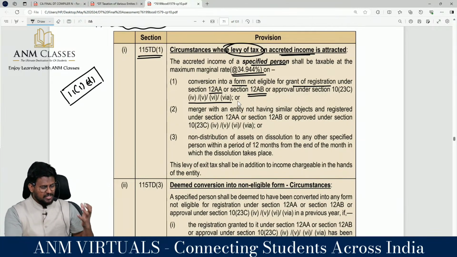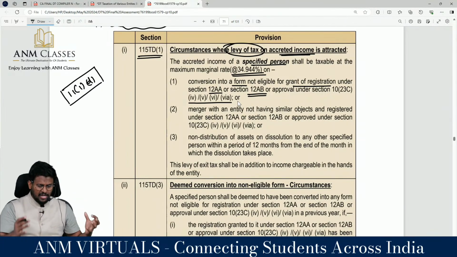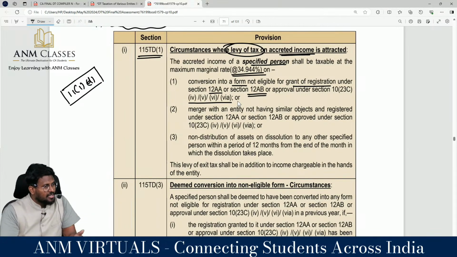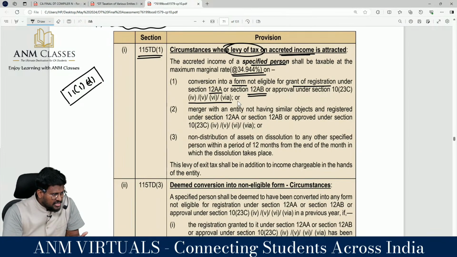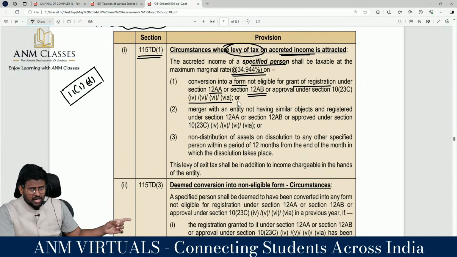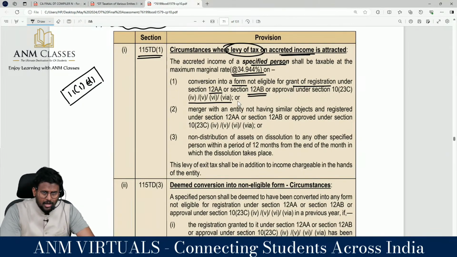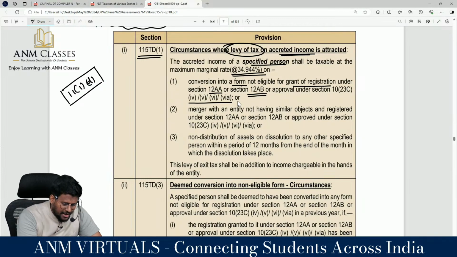So you have a registered charitable trust, and that registered charitable trust form has been changed. You have converted it into a company, a private limited company. Is the 11, 12 exemption applicable to a private limited company? Is 10(23C) class 4, class 5, class 6 applicable? No, sir. So in these circumstances, my dear lovable students, you are liable to pay exit tax.